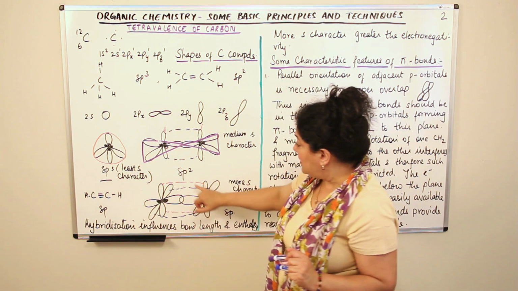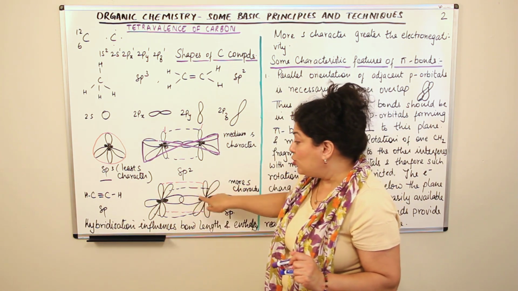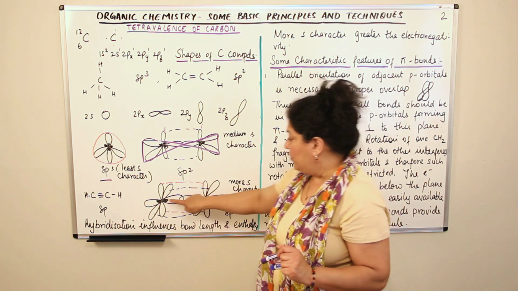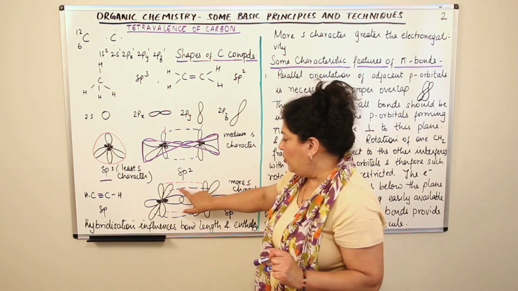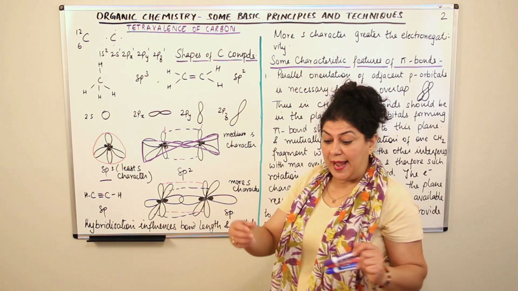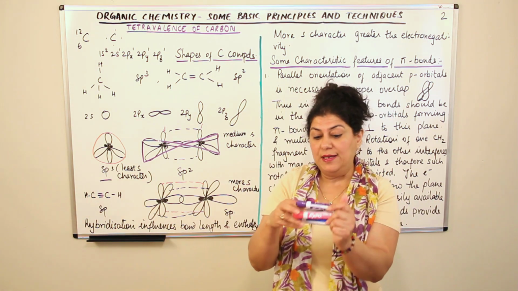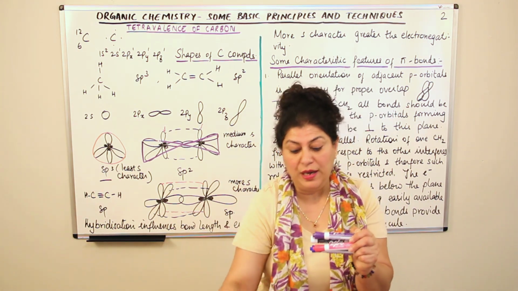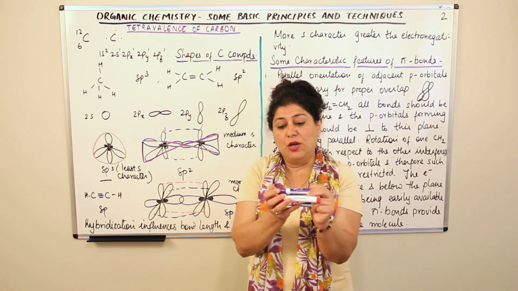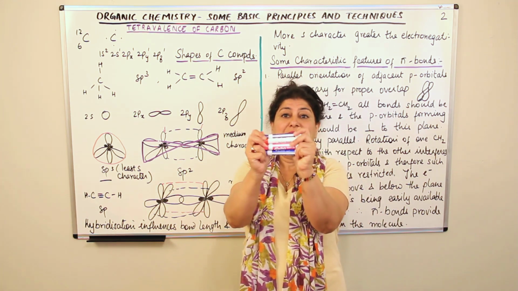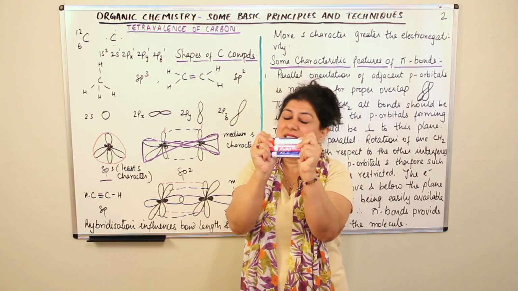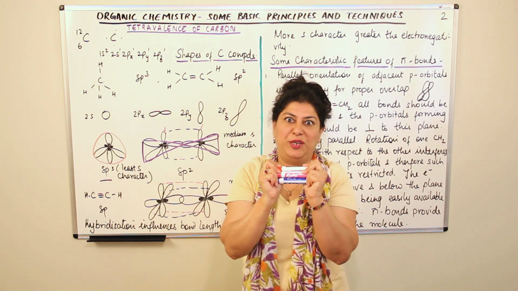And if you had the sp hybrid, there are 2 of these. It means one bond is there, one lobe above, one lobe below, one lobe behind and one lobe in front. Now there are 5 of them. Imagine, is it possible to rotate this? It will be such a rigid molecule.